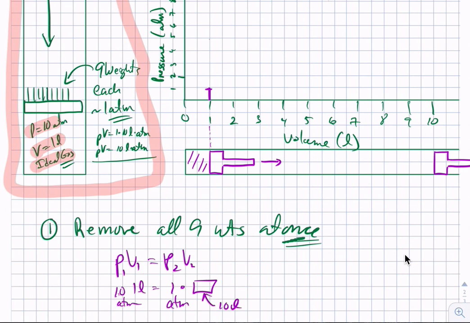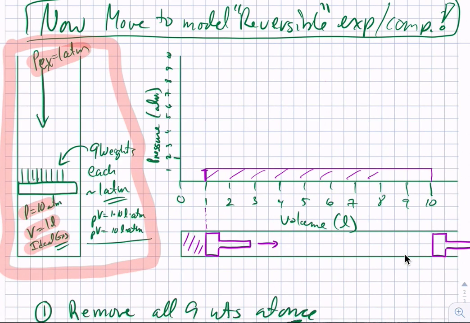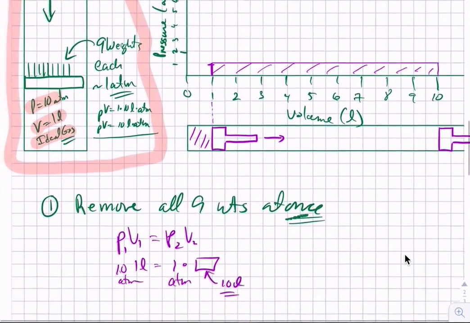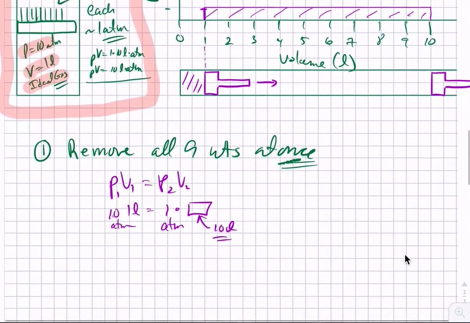So let's go back to our graph. This piston is going to go all the way out to 10, so if I draw a horizontal line, we're going from initial volume of 1 liter to 10 liters, and the area in this rectangle is going to be equal to the work times a minus 1. The minus value of that will be the work done. So let's just calculate what that would be.